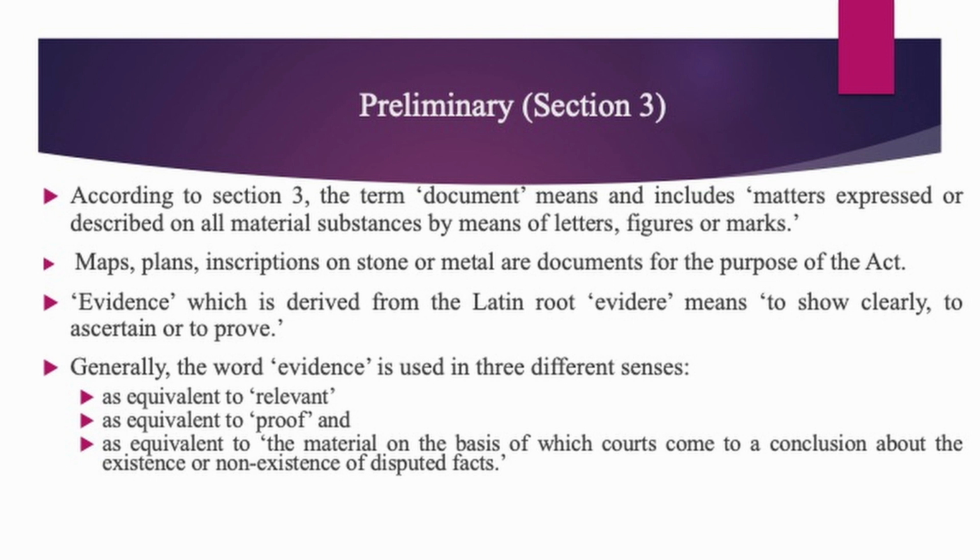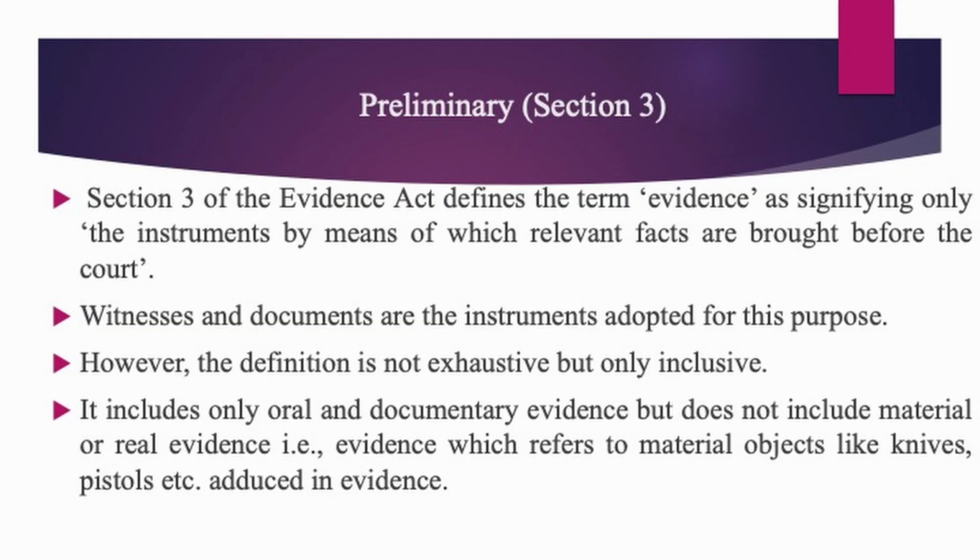But the Act uses the word in the third sense, that is, as equivalent to material placed before the court, and on the basis of this material, the court comes to a conclusion as to the existence or non-existence of a disputed fact. The word evidence, as defined in section 3 of the Evidence Act, signifies only the instruments by means of which relevant facts are brought before the court.